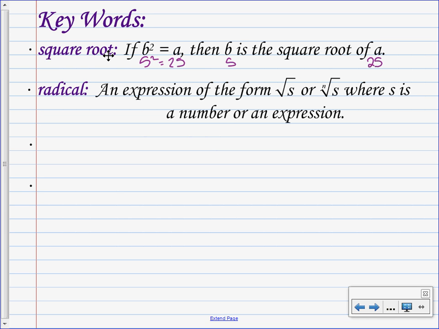So right now we're only talking about square roots. Nth root. And then we have a radical sign. Well, the radical sign is just a little square rooty thingy. Square rooty house, whatever you want to call it.